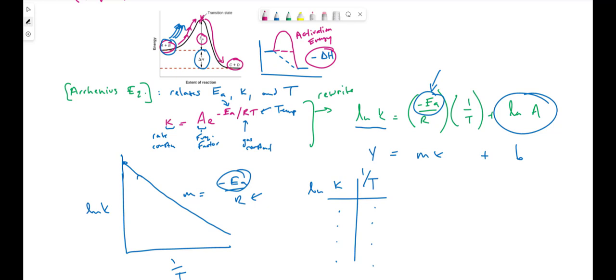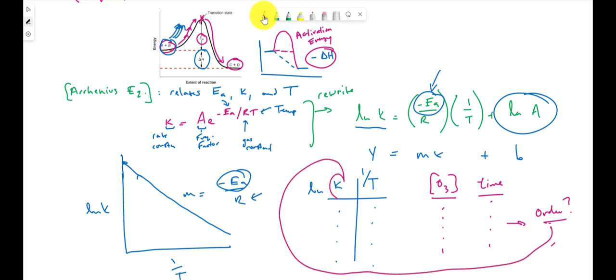With that data, you can see what the order is by making a plot. There's a nice video that shows you how to determine whether it's 0, first or second order. And from the fit that you do in Excel, you can determine what k is.